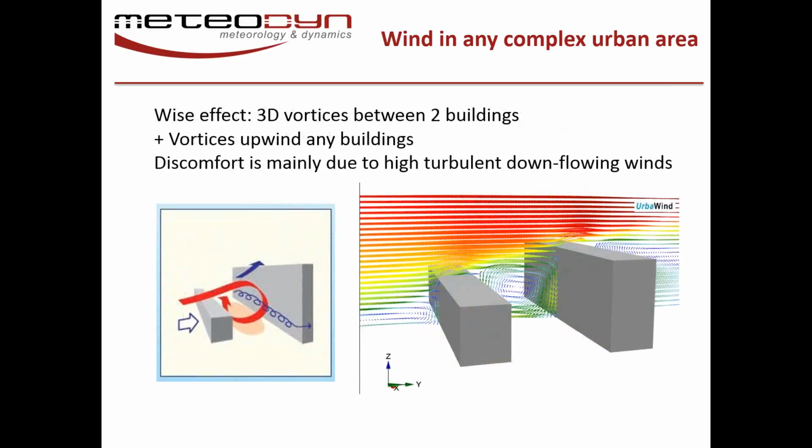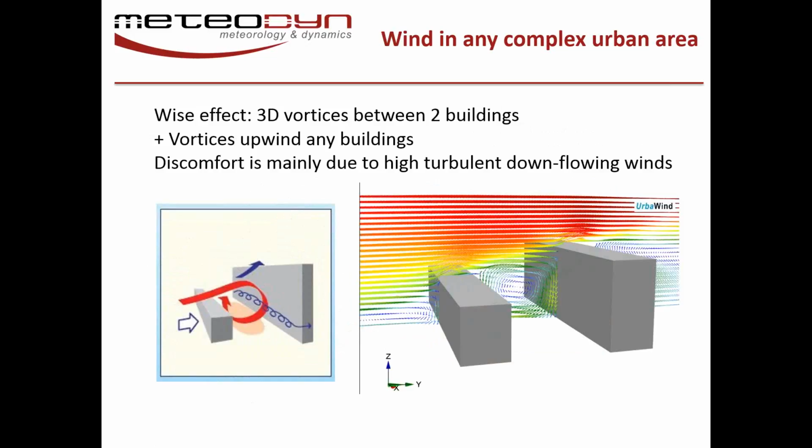And another well-known effect is the Wise effect. It's the name to describe three-dimensional vortices between two buildings, like this. There is a vortex, plus vortices upwind of any building. There is another vortex here.